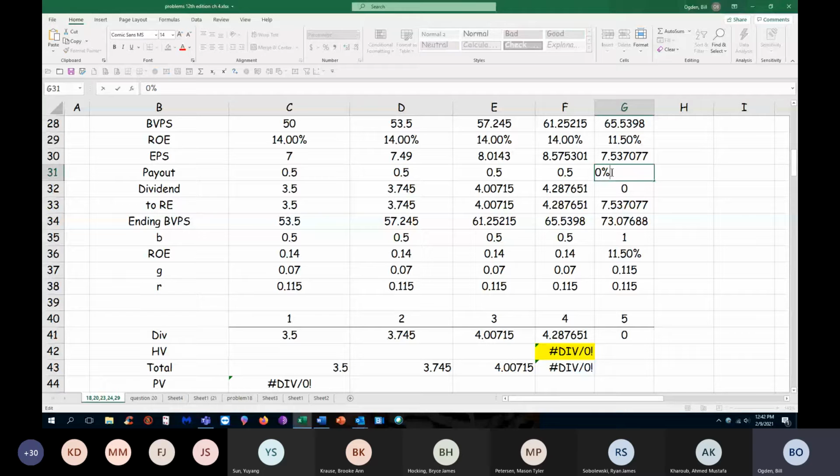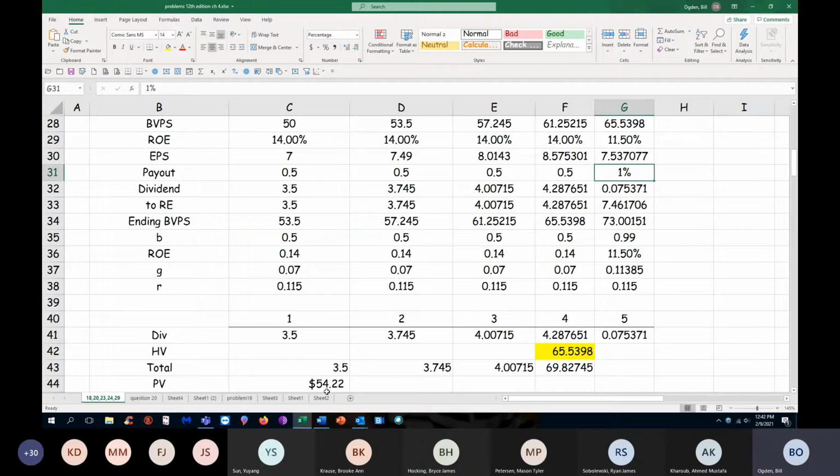So if you even make this just even 1%, as you can see, the price still stays at 54.22. The horizon value remains at 65.54. Okay, and that's all related to R and ROE being the same.